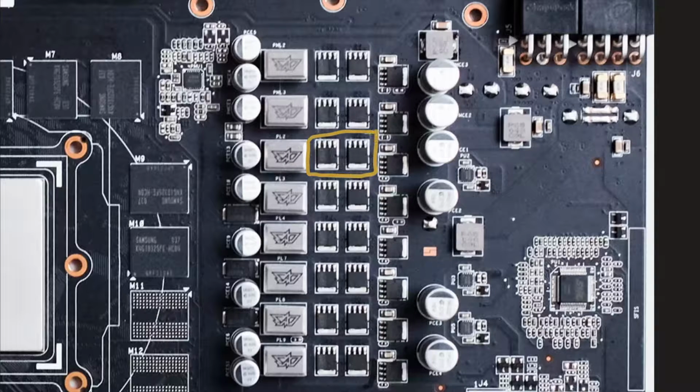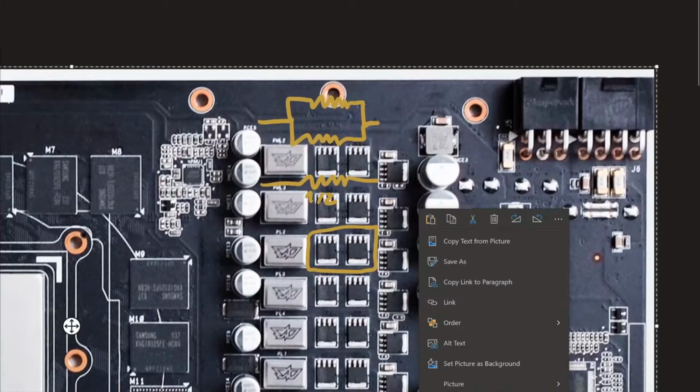Like most of the time, if you have a graphics card or motherboard with discrete MOSFETs, you're going to be pretty much always seeing 2 low side MOSFETs, because of how resistance works in electronics. Those 2 low side MOSFETs are in parallel. And if you put 2 resistors in parallel, you will end up with half the resistance effectively.